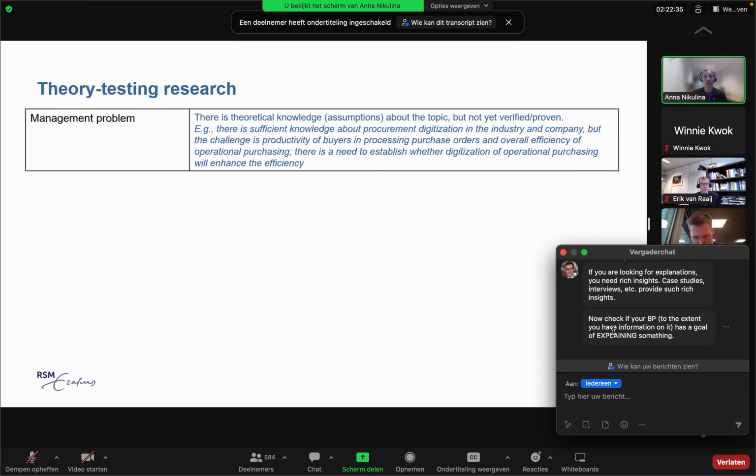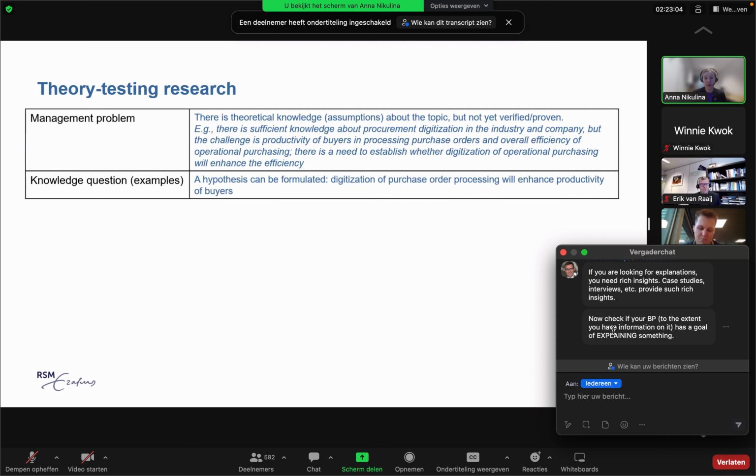The question is, do we really need to improve automation in the processes? We're looking for knowledge that will help us decide: am I investing in technologies to automate purchasing, or do I need to do something else and maybe educate my buyers better? So we need knowledge that will help us really prove relationships between efficiency and digital technologies in organizations.